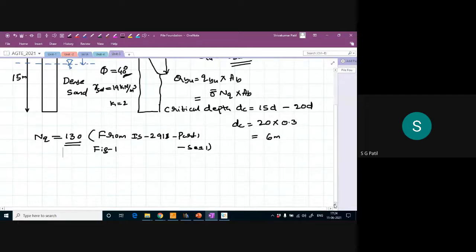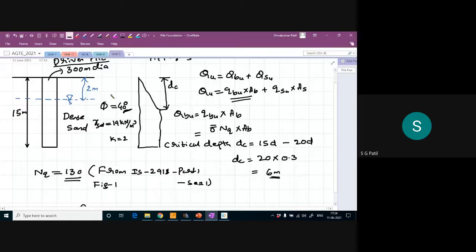Now put everything in this formula. I will get the QBU. So QBU is equal to, what is my sigma bar? How much did I get?